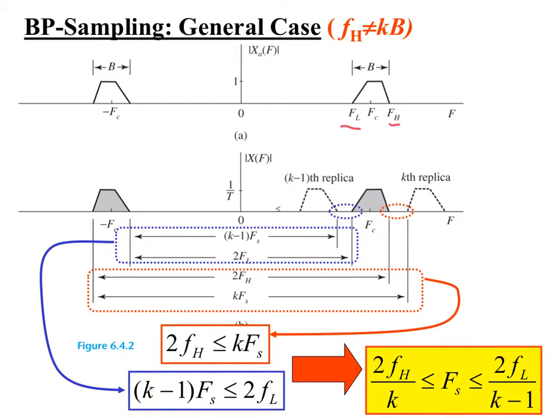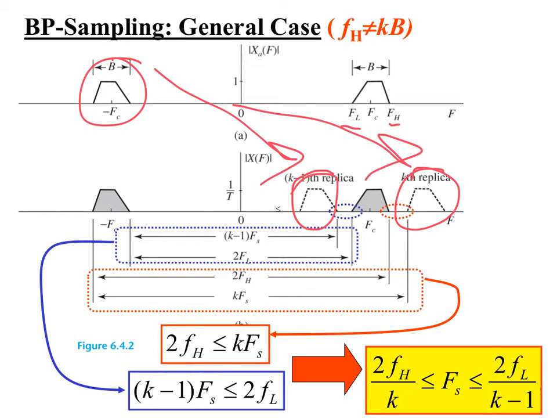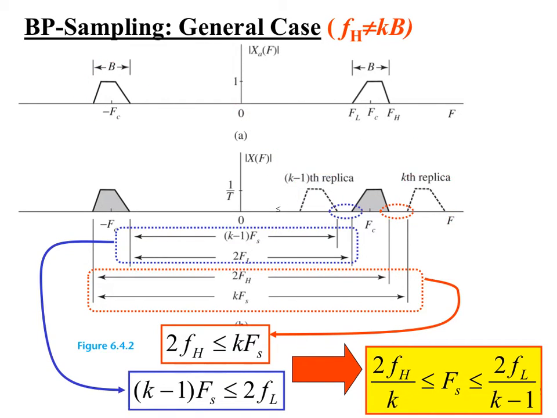We know that we're going to get a spectral replica here and here that come from this being shifted up to here and shifted up to there. So we can pretty easily figure out where that has to end up lying.